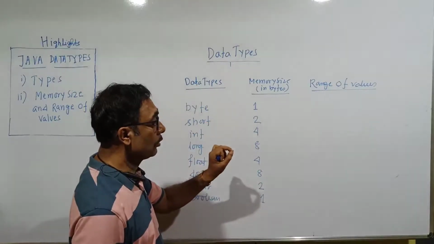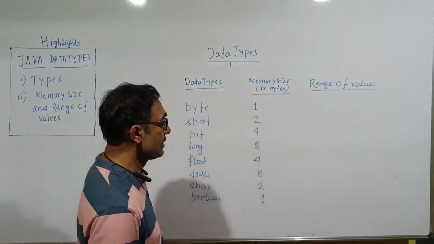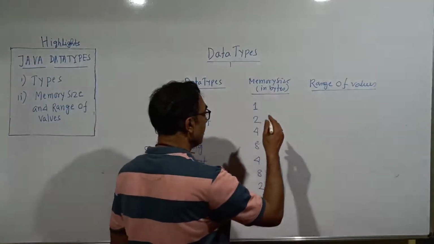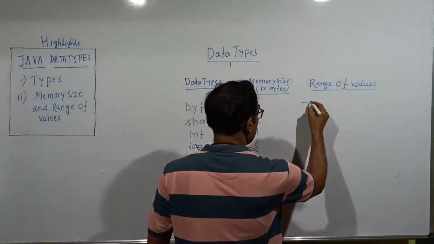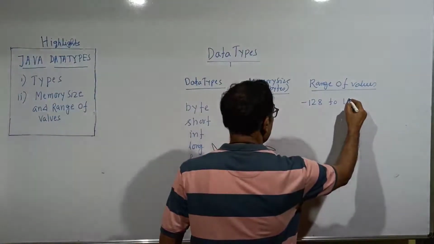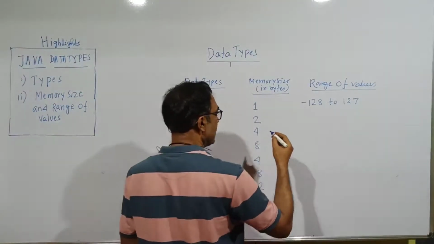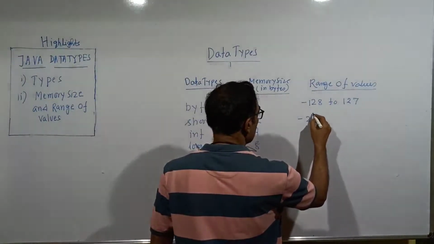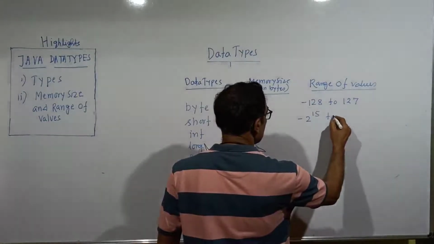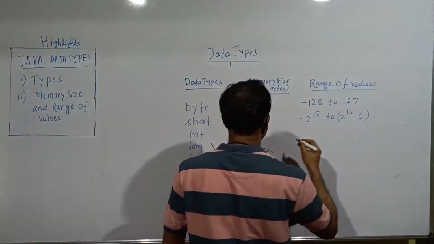Now let's find out the range of values which is occupied by this. So for byte, the range is -128 to 127. For short, it is -2 to the power 15 to 2 to the power 15 minus 1.